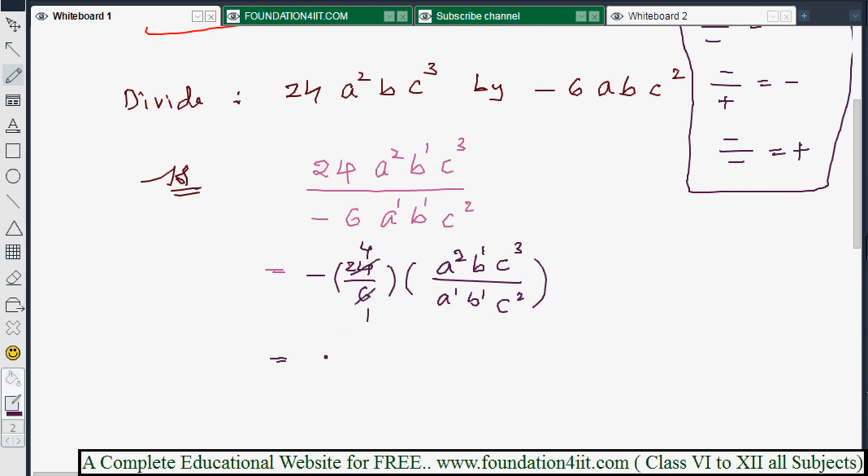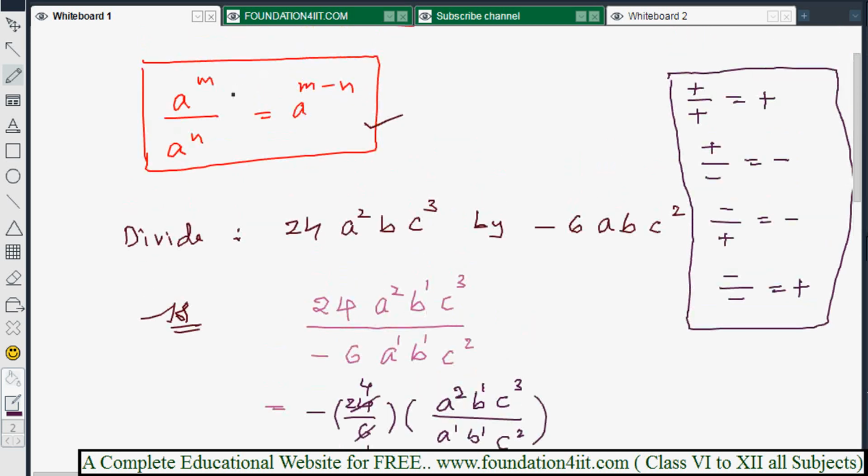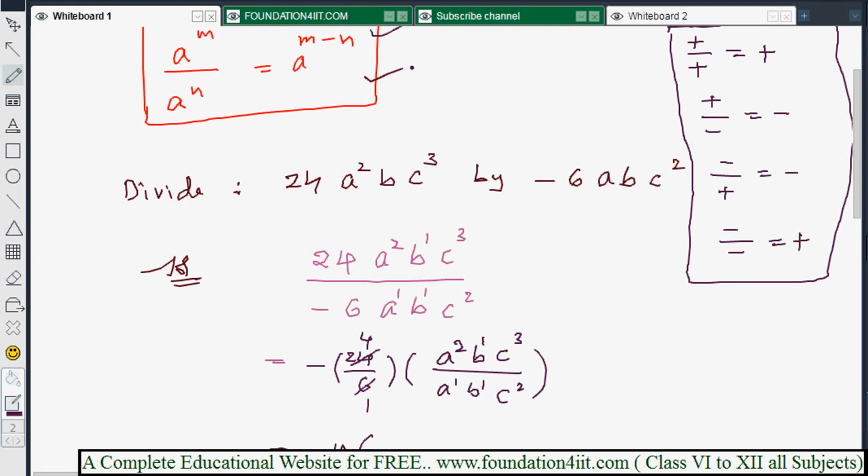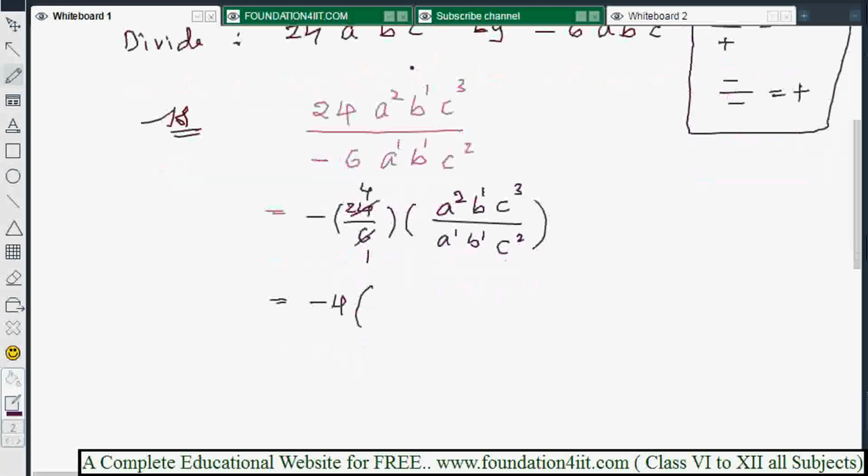So minus 4 is the numerical value. Now the variables: a power 2 by a power 1. See the formula here: a power m by a power n is equal to a power m minus n. So powers you should subtract, meaning numerator power minus denominator power. So we can write here a to the power 2 minus 1, because a is on top and the same base a is down.